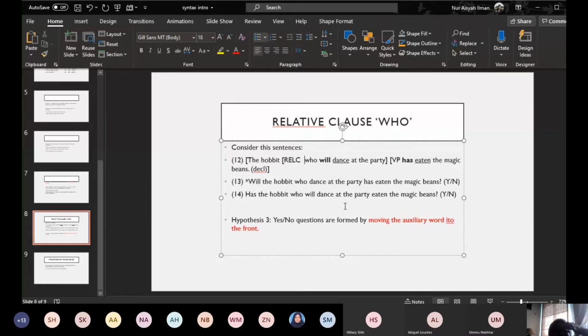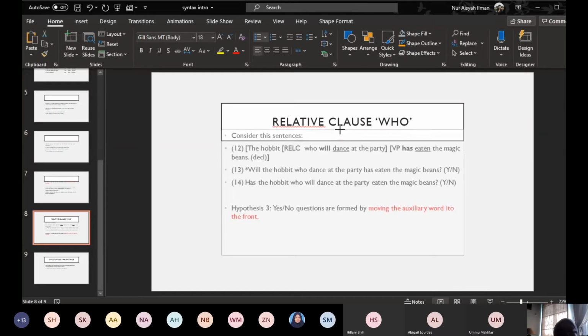So hypothesis 3 has to be modified. We have to say which auxiliary. So we say by moving the auxiliary word of the main clause to the front of the sentence.